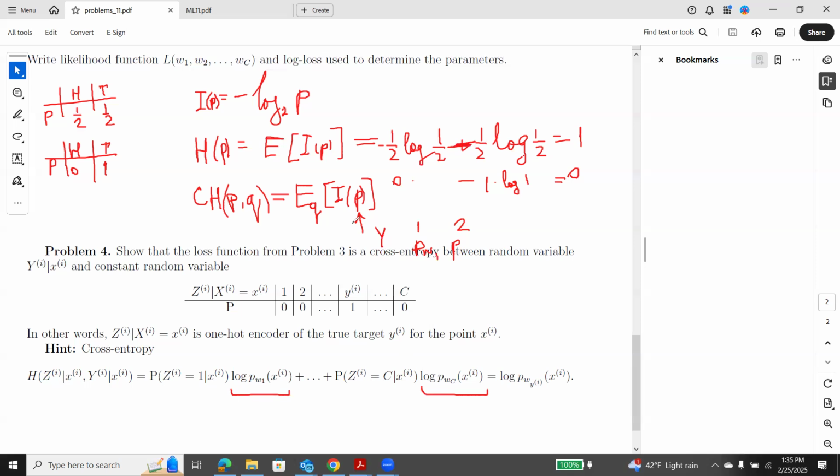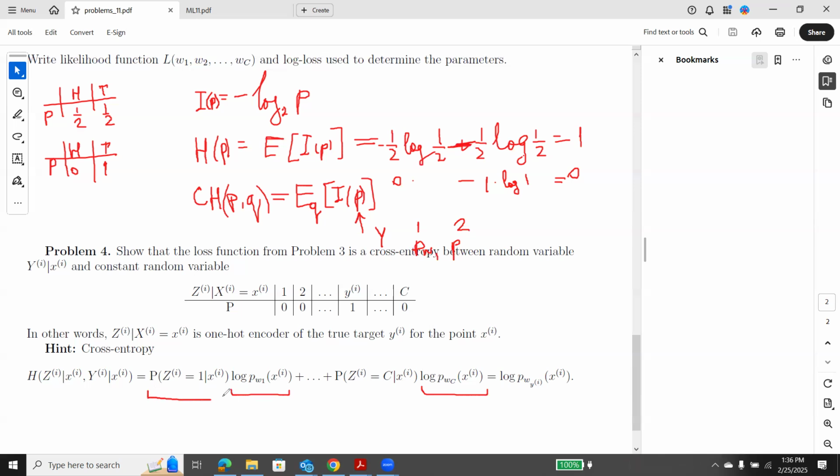The distribution that we will compare with is the true distribution of data. If our data point had class yi, then the probability that our point had another class is 0. So it's just kind of a one hot encoding for our data.